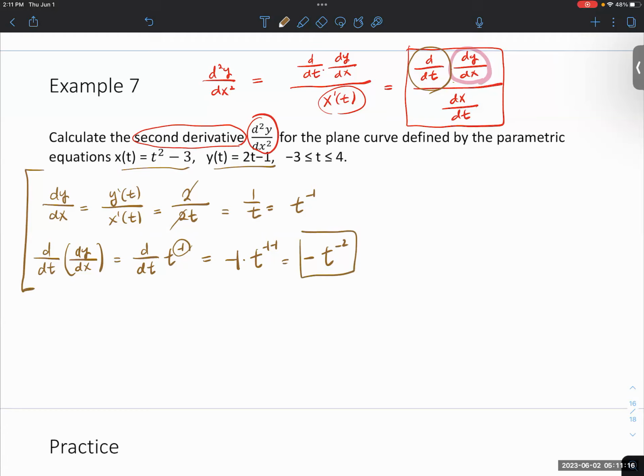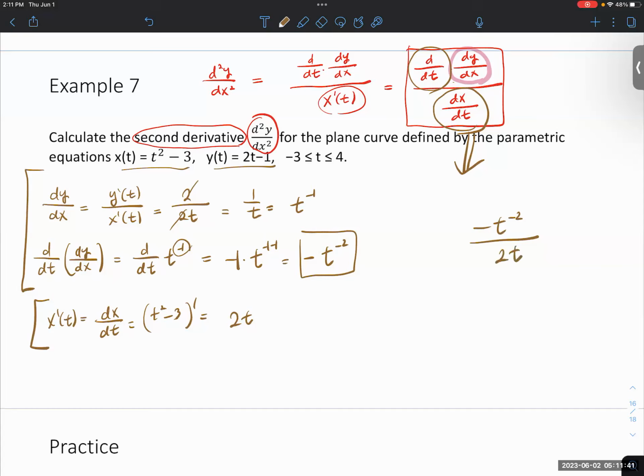Now, the denominator, what is it? You take the derivative of x prime, dx over dt, which means t squared minus 3, prime, so 2t. This is the denominator. So the final answer we got is negative t to the negative 2 over 2t, correct?